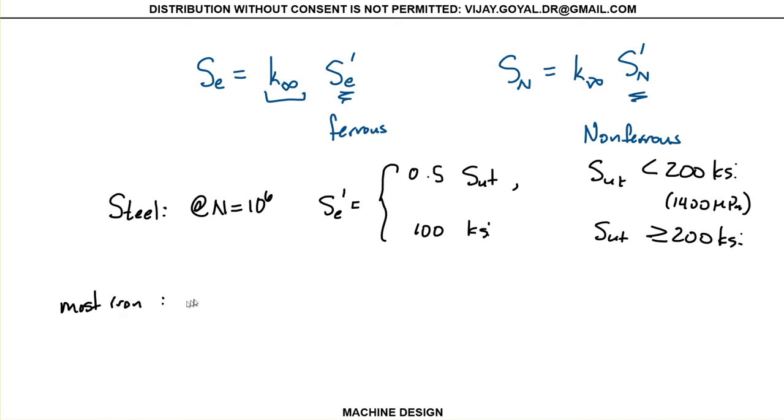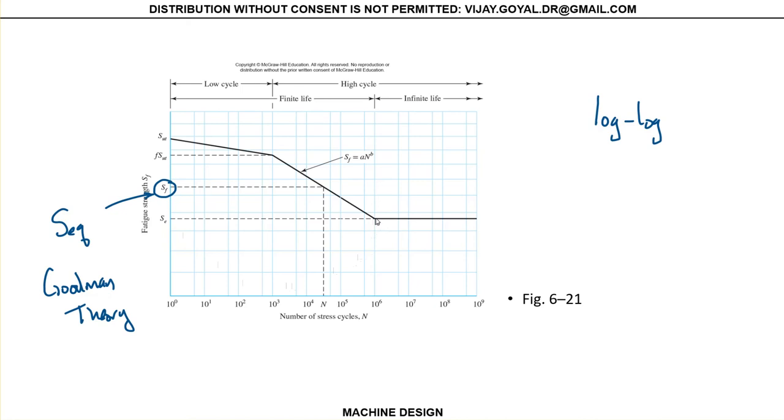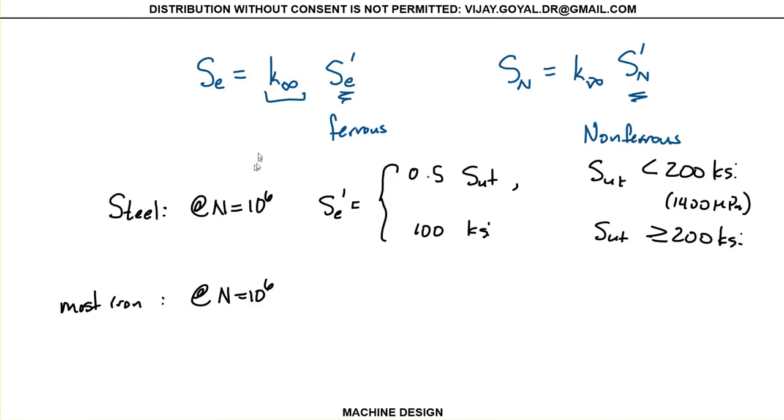For most irons, we can also have the knee, and you can see that for ferrous materials, typically the knee happens at 10 to the 6. Remember, I'm talking about this knee, this value right here. But this value here is a reduced value. To find the reduced value, I will tell you where the values come from, but first you need to find this default value, this one right here.